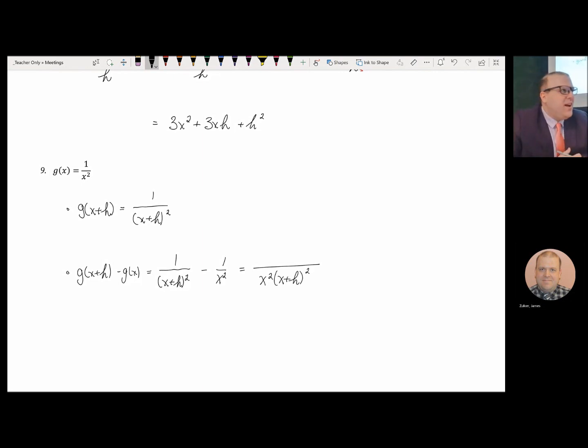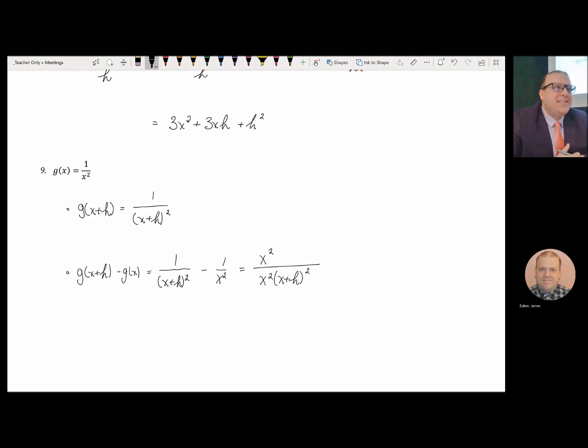So our common denominator is x squared times the quantity x plus h squared. For the numerator, the first term, what is missing from the common denominator? The x squared. So you multiply the first term by x squared over x squared. You're multiplying by 1 so you don't change it, which means the numerator just becomes x squared.